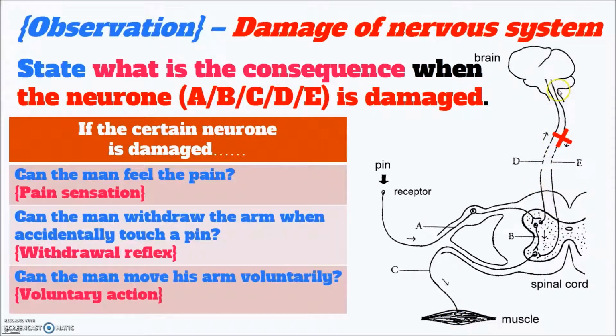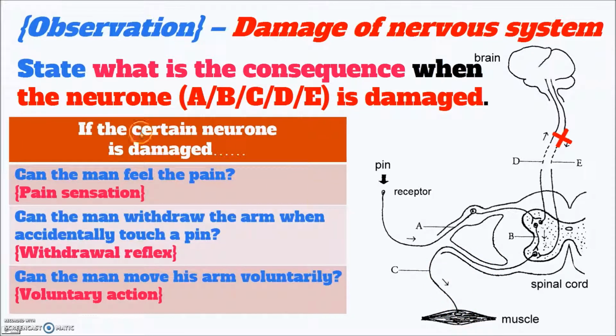And D and E, of course, are also in the CNS, they are interneurons. D is the interneuron transmitting the nerve impulse towards the sensory area of the cerebrum. E is the interneuron transmitting the nerve impulse from the motor area of the cerebrum to the motor neuron and then to the effector.